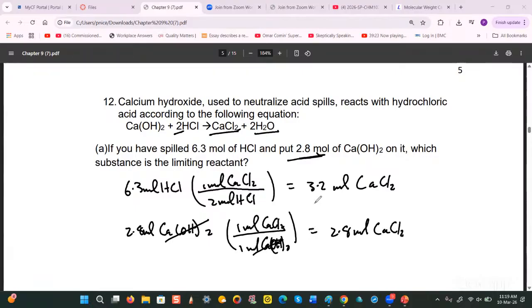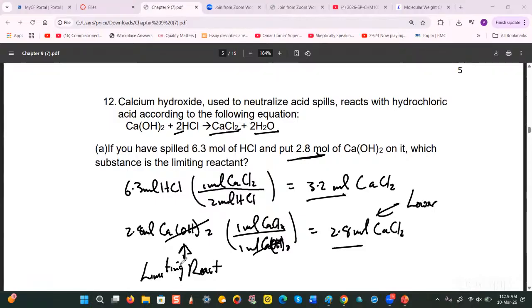The next step is that I'll compare these two numbers and ask myself which one is the lower value. The answer, of course, is that this is lower. Because that is lower, the calcium hydroxide would be the limiting reactant. That's how you determine which reactant is limiting.